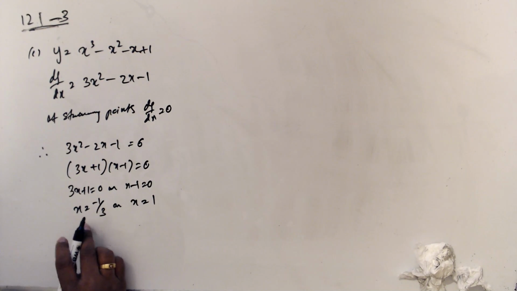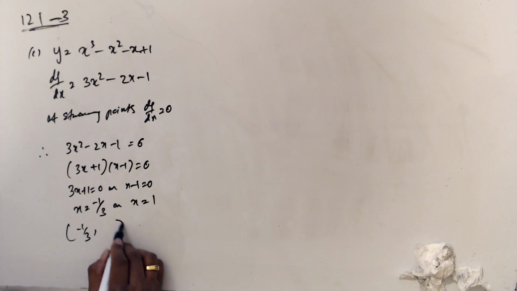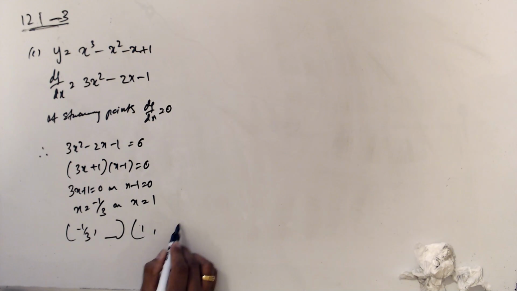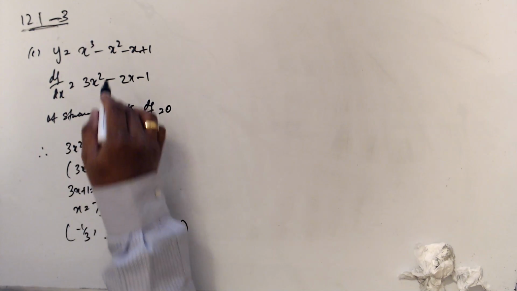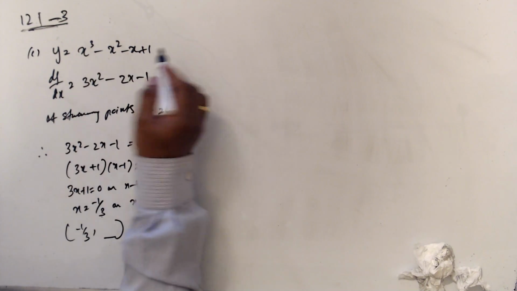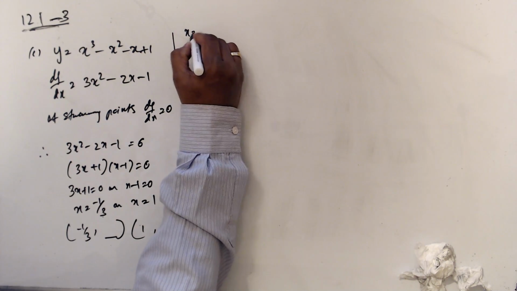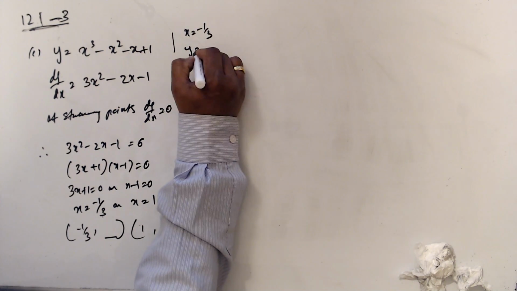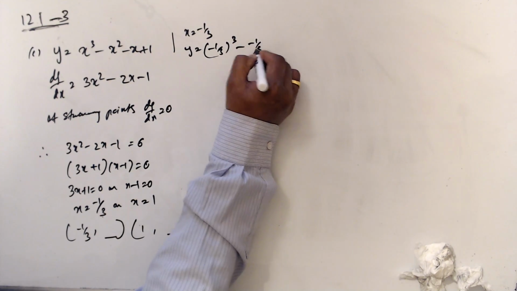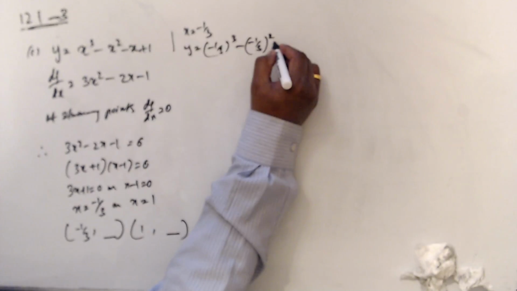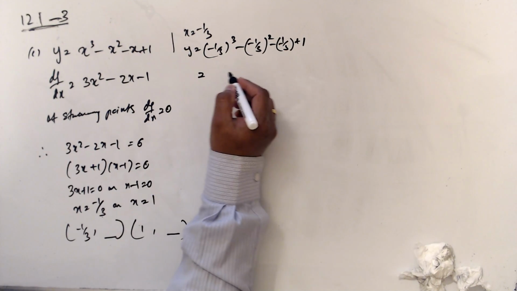Let's find the relevant y values. So this is minus 1 over 3 and this is 1. First of all, find what is the y value when you substitute x equal minus 1 over 3: y equals minus 1 over 3 cubed, minus 1 over 3 squared, minus 1 over 3 plus 1.